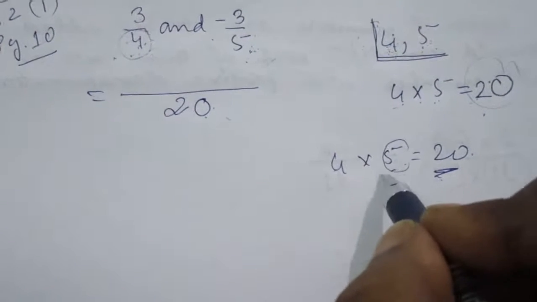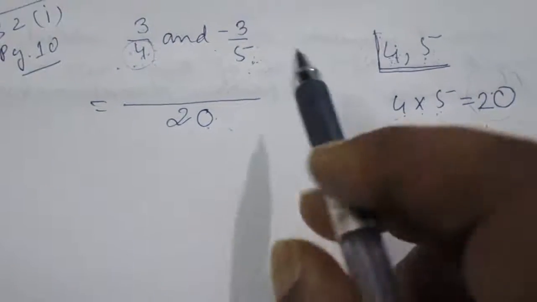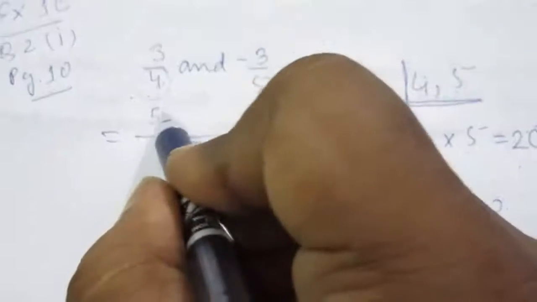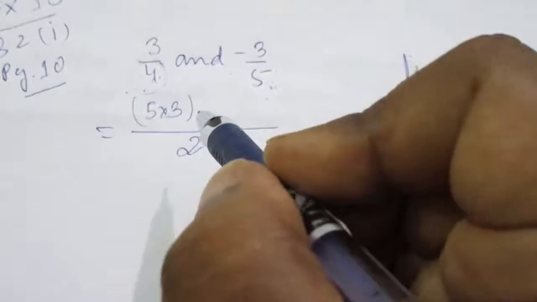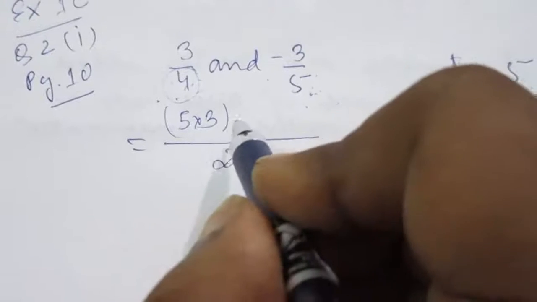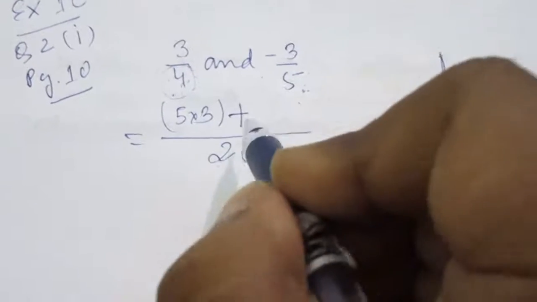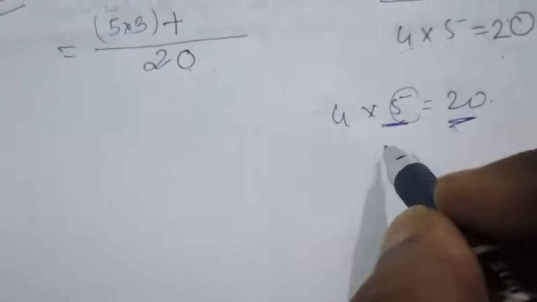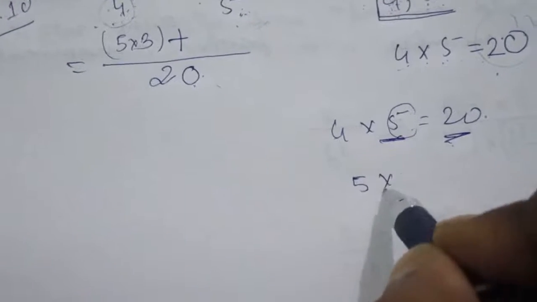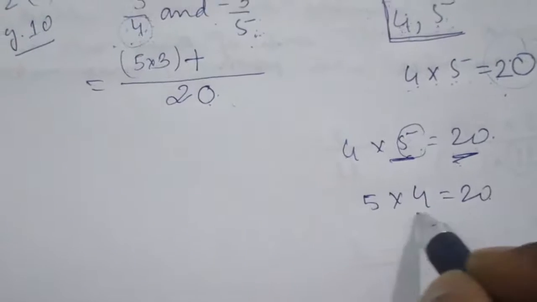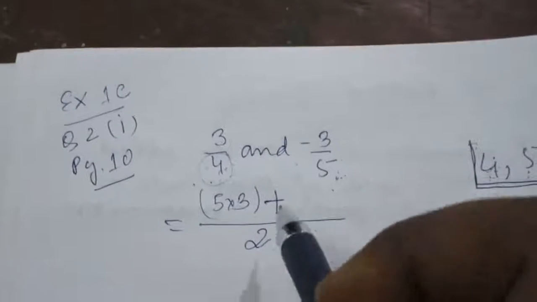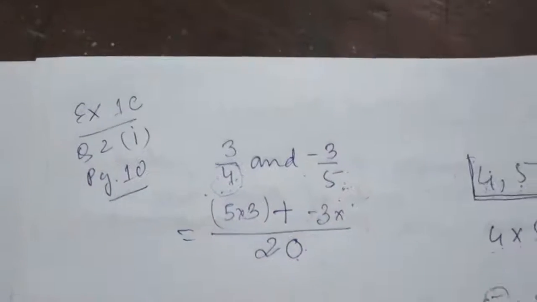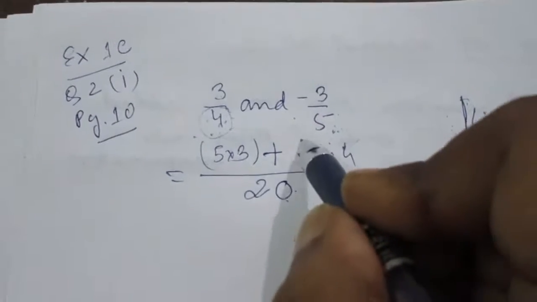Now this number 5 we also multiply with the numerator. So 5 into 3 gives 15, plus, as we have to add, 5 into 4 gives 20, so here 4 will be multiplied with the numerator. The numerator is minus 3, into 4.